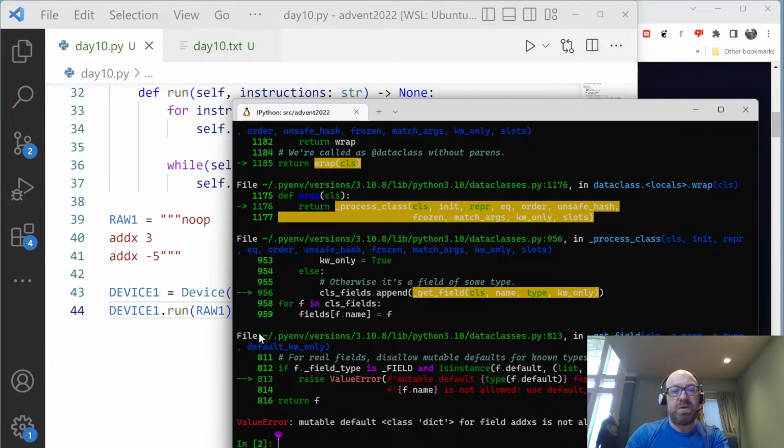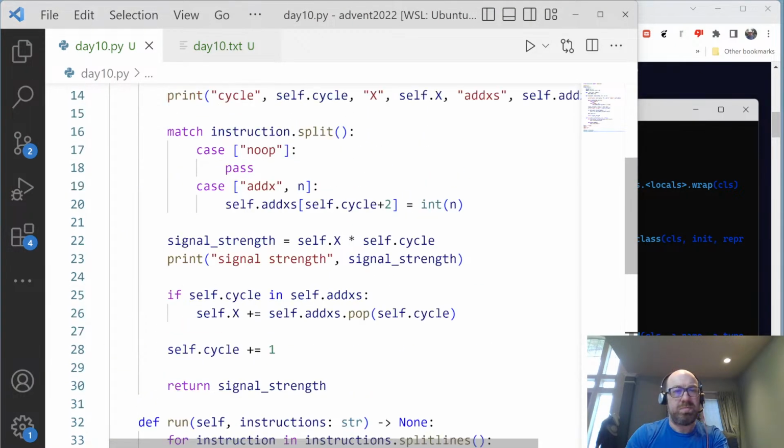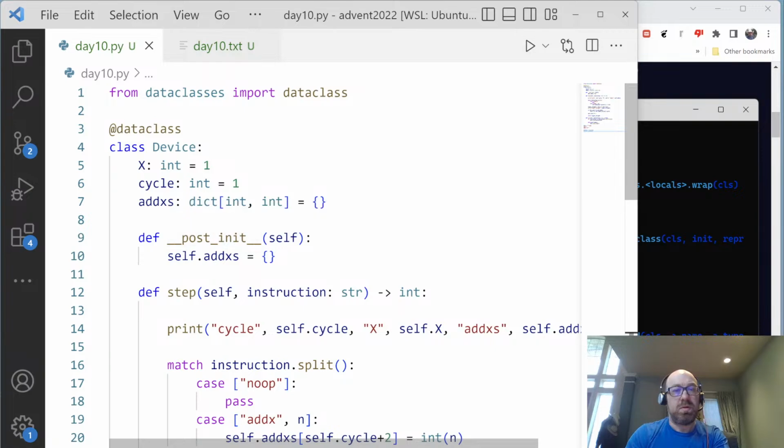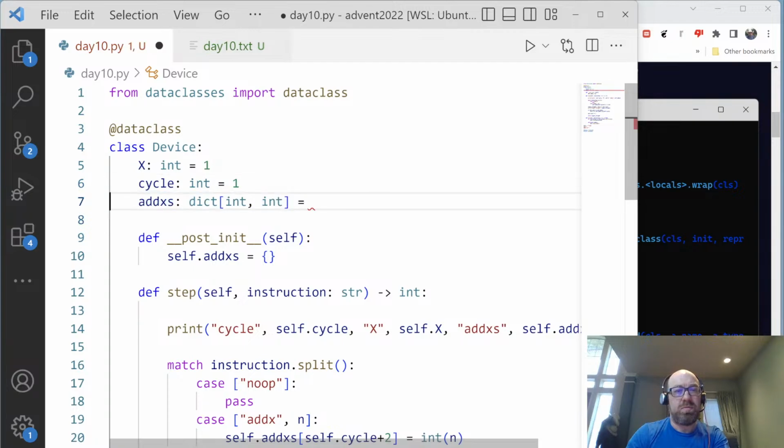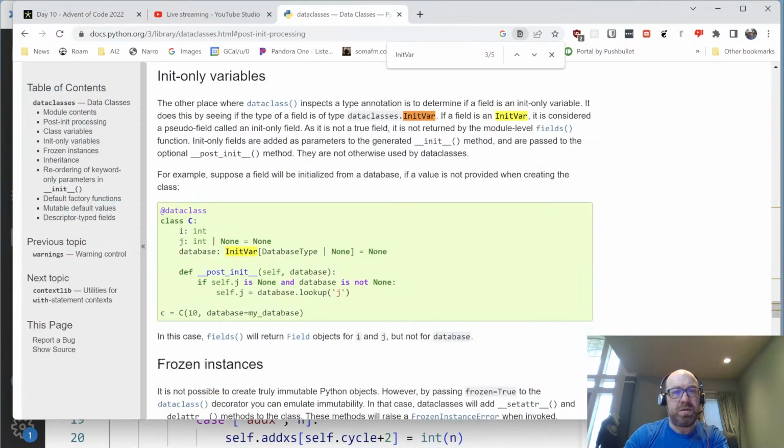Mutable. Seriously. This was the thing within dataclasses that I was trying to understand.